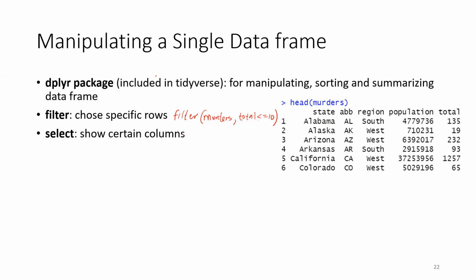Another function is the select function. This is used to show certain columns. For instance, in this data set, if I don't want to show all the columns, maybe I'm only interested in seeing the population, then I will use the select function. Similarly, I'll say select, I'll call in the data, in this case, models, and then I'll say I just want to see the population.